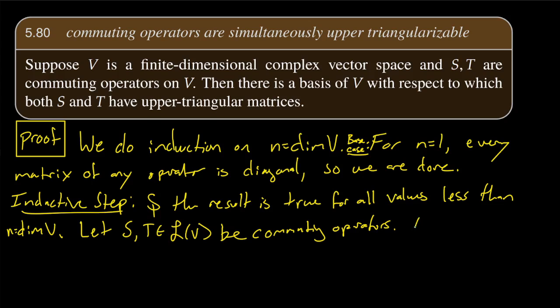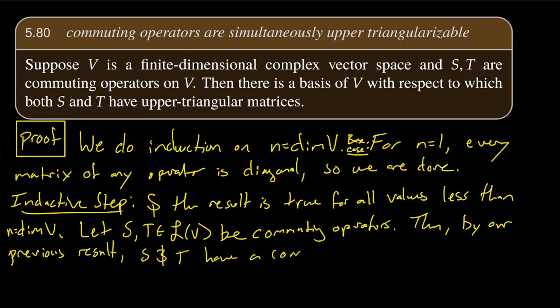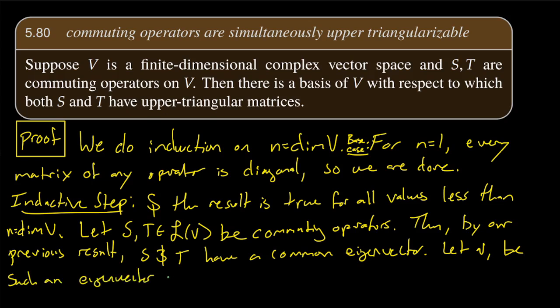Then by our previous result, our last one, S and T have a common eigenvector. Let V1 be such an eigenvector of both S and T.